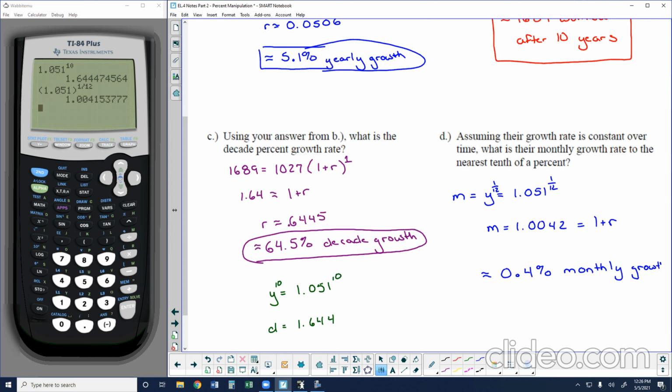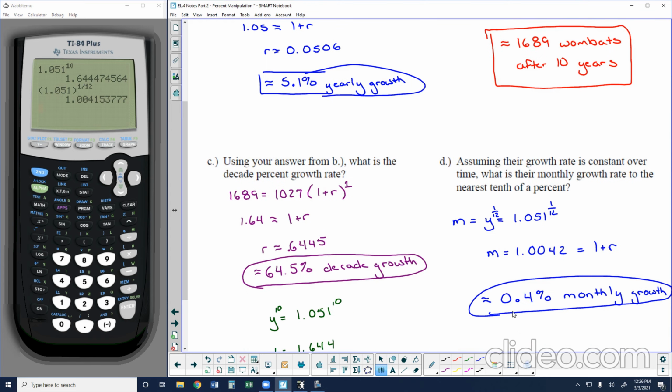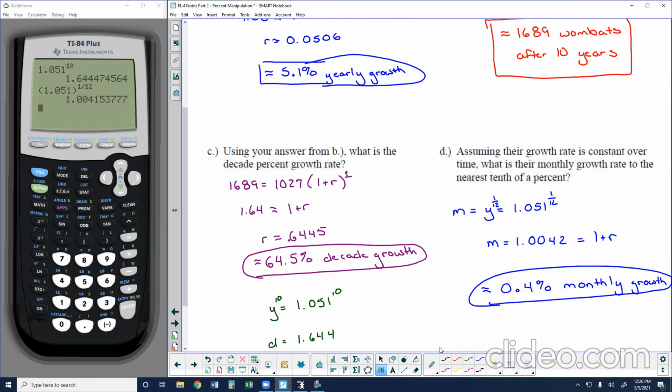And we can test this. So let's test this by substituting in my initial quantity, using my monthly growth rate, and seeing what the population would be after a year. And again, we did round a little bit.